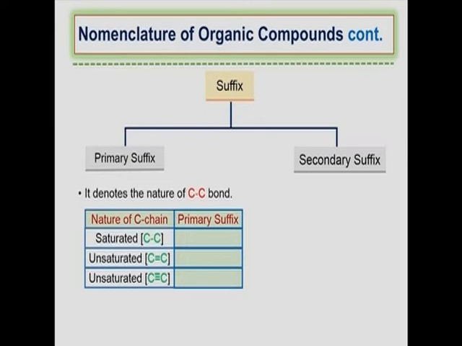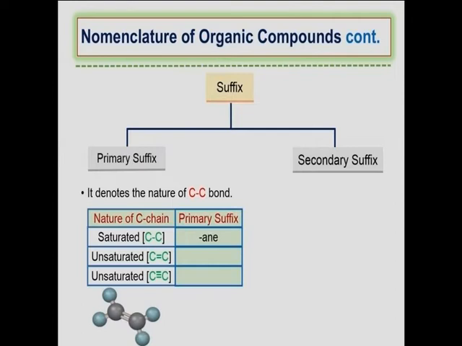If the carbon-carbon bond is single, then your primary suffix will be ane, because a single bond means it belongs to the alkane series. If your carbon-carbon bond is double, then it belongs to the family of alkenes, so your suffix will be ene. And for a triple bond, it will be yne, because a triple bond belongs to the family of alkynes.